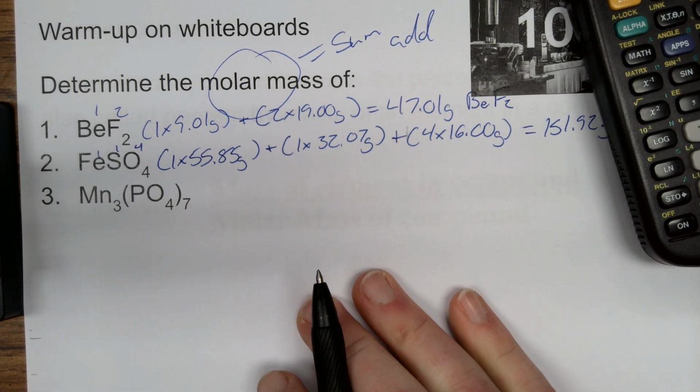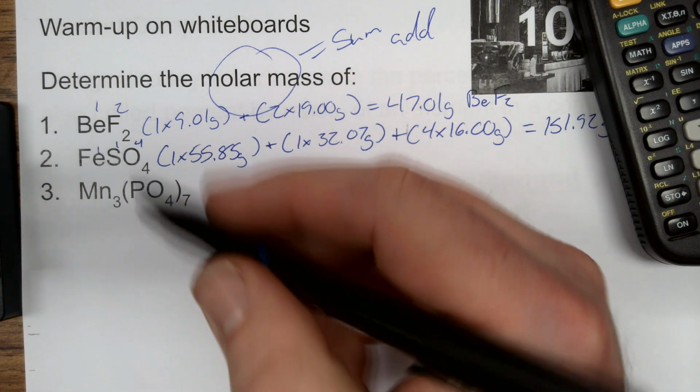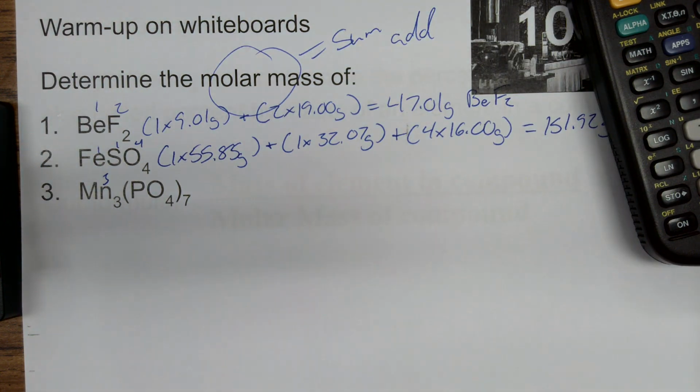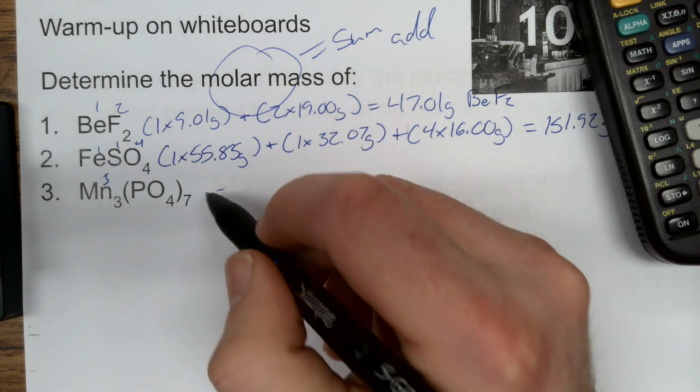We got those parentheses. Now, clearly see I have 3 manganese atoms here. How many phosphorus atoms do I have? 7 of them, right?